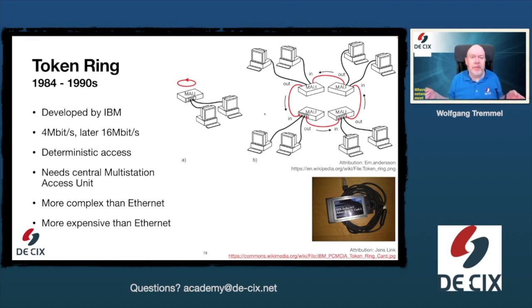Of course, that was way more complicated than Ethernet. It was more complicated to cable, it also needed some multi-station access unit, and it was also more expensive. So it fell into disuse in the 1990s, but guaranteed there are still some installations out there.